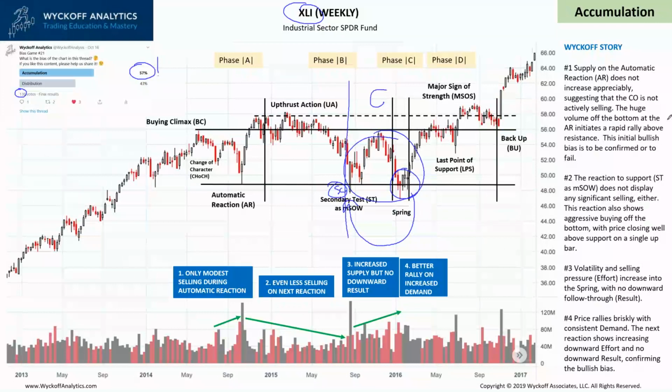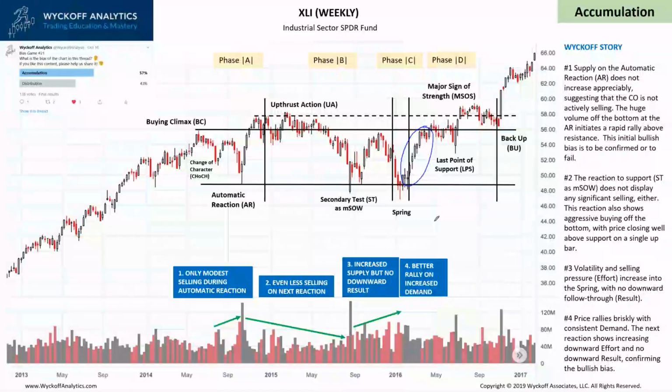And then obviously here, as the price moves on diminishing supply characteristics, we are recognizing elements of the sign of strength rally. And then we probably could have said that this was a minor sign of strength just because we overcame this high. And then this would be a minor back-up action or LPS, last point of support. And we would be expecting a commitment above this area right here, which comes here.